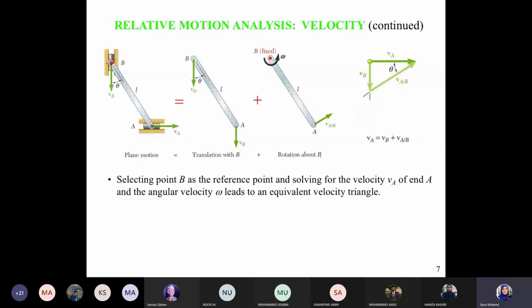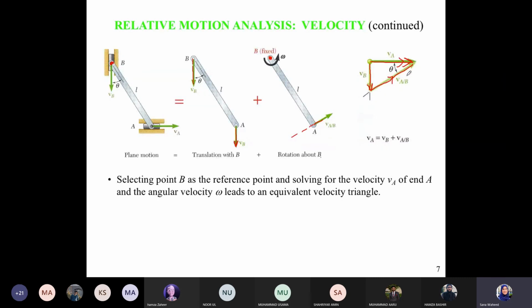Again, we break it down into translation and rotation, but this time around, everything is going to get translated with the velocity of B. So that's why VB got applied on A as well. And then the rotation is going to be about B. So this time the relative velocity of course is going to be perpendicular again, but when I draw my head to tail rule I can see that this VB is coming downwards and to get to my resultant VA, I have this velocity of A with respect to B, which is going in this upwards direction.